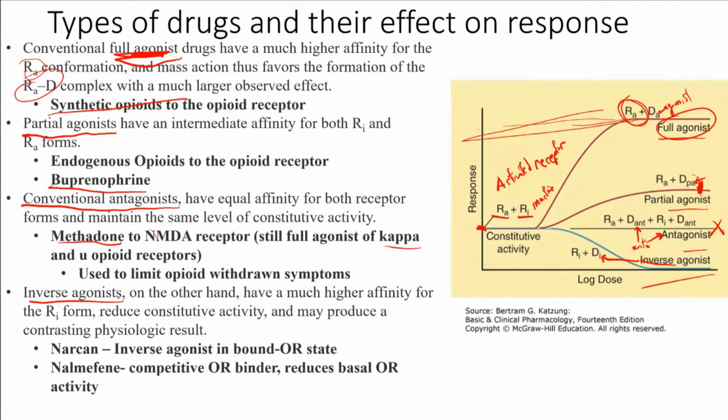That's an antagonist. Radiation therapy or different types of chemotherapy that are necrotic or cause tumor cells to die or go through apoptosis, that's an inverse agonist, because it doesn't only stop the cancer from being metastatic, but it actually leads to the apoptosis or death of the cancer cells and decreases the tumor size. So not only does it stop it, but it decreases what's already there. That's an example of inverse agonist.